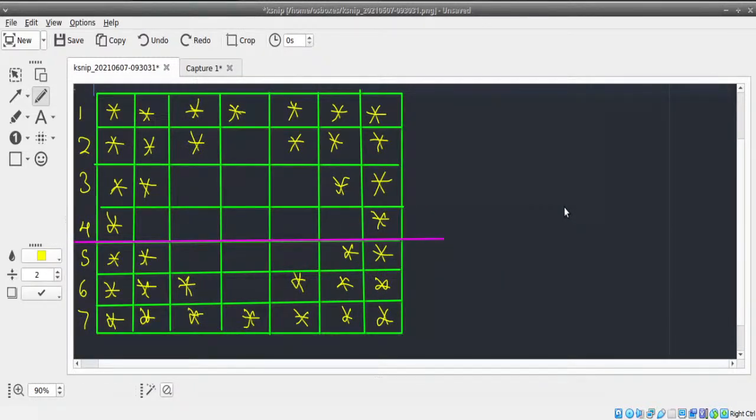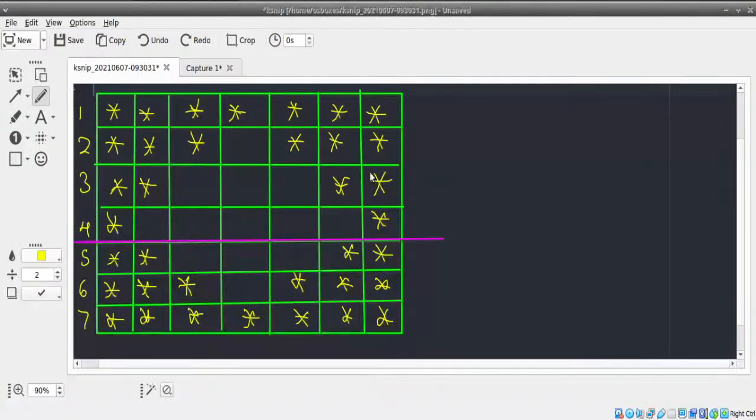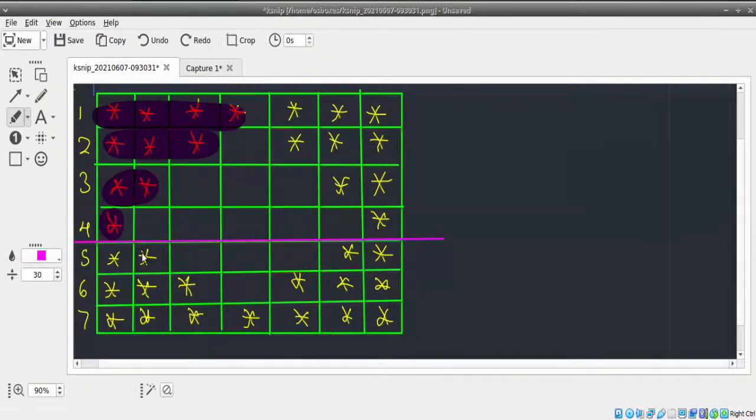In this upper pyramid, if you guys observe, what we have is, first we have stars, then we have spaces, then we have again stars. So let's consider first thing. How many lines am I printing? I'm printing P1 lines, P1 number of lines. So we have stars. If you guys observe here, there are 4 stars, then there are 3 stars, then there are 2 stars, then there is 1 star.